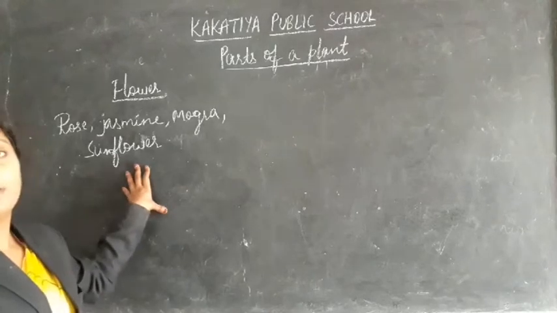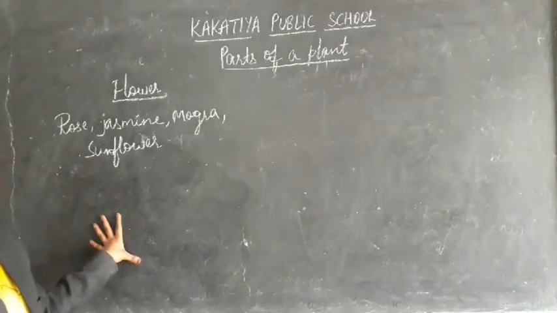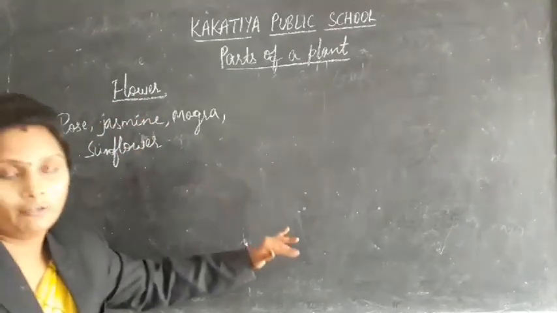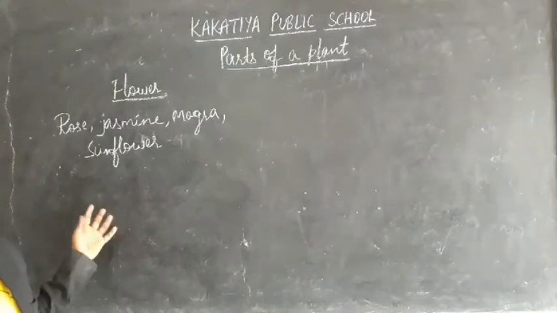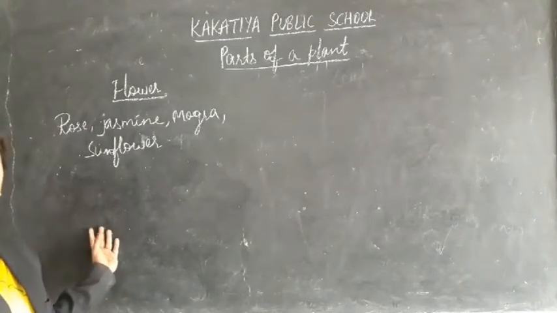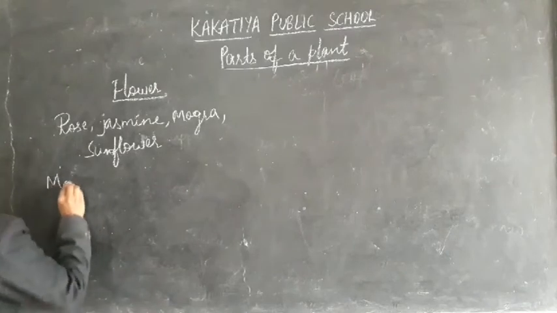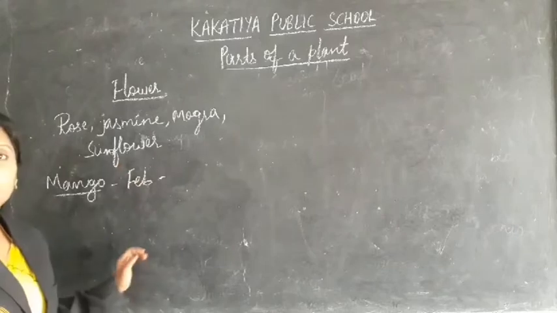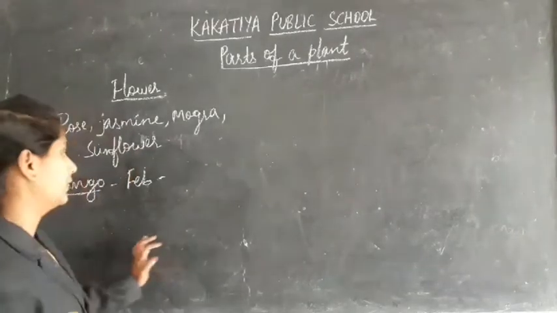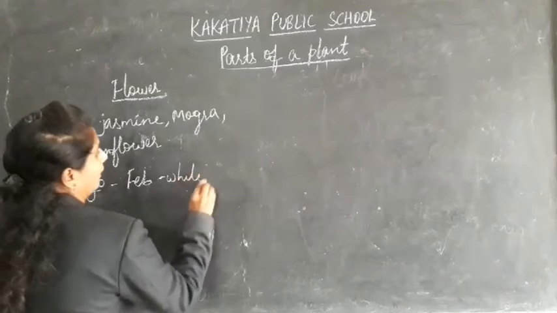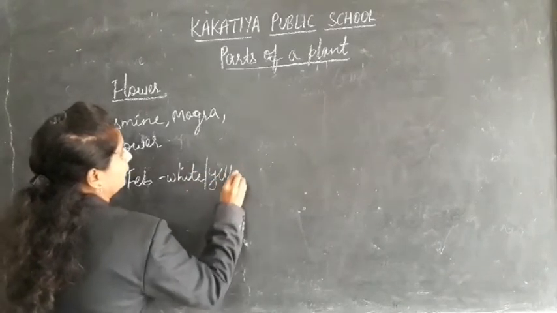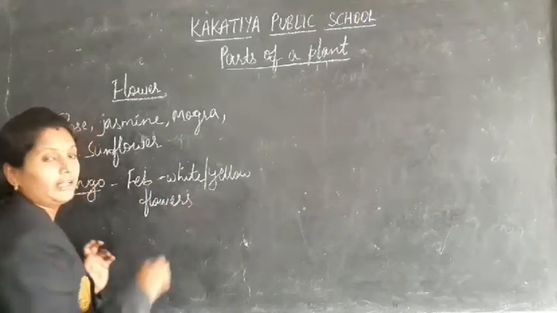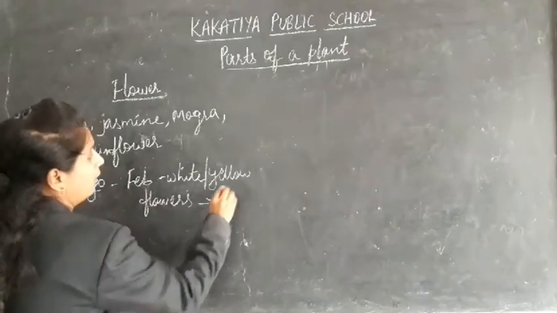So, what is the function of the flower? The flowers will be turning into a fruit. The fruit is formed from the flower. If you observe a mango tree in the month of February, you can see small white or yellow flowers, and later on they develop into fruits.